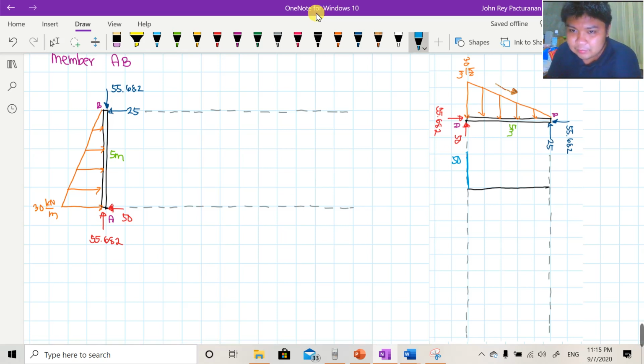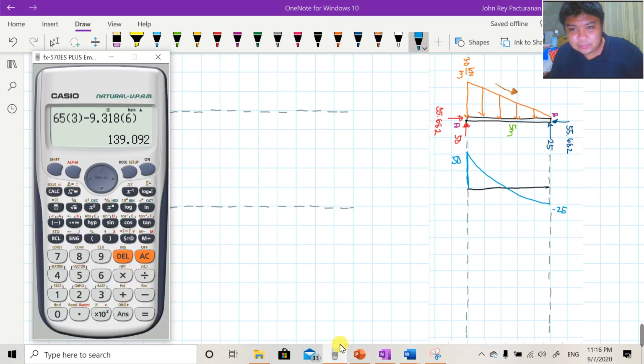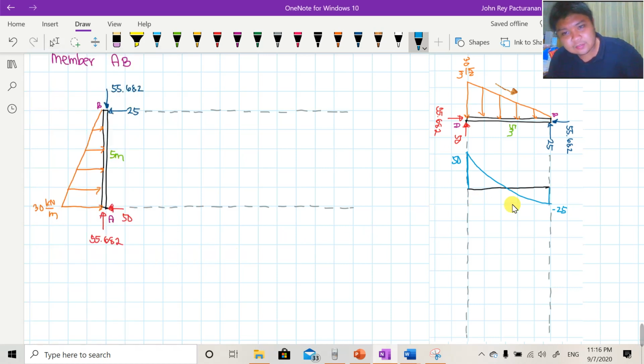So, di ba, ganun naman talaga ang mangyayari. Okay, so literal to, class, na magiging masaya. So, sige, drawing natin siya. Halimbawa, ayan, tapos marireach na niya yung negative 25. Kasi, di ba, magiging 50 muna siya. 50 minus 1/2 ng 30 times 5 kasi triangle, di ba? So, that is negative 25 nga. And remember, may 25 pa tayong paangat. So, nandito na siya. Ayan. Na-drawing na natin yung shear diagram.